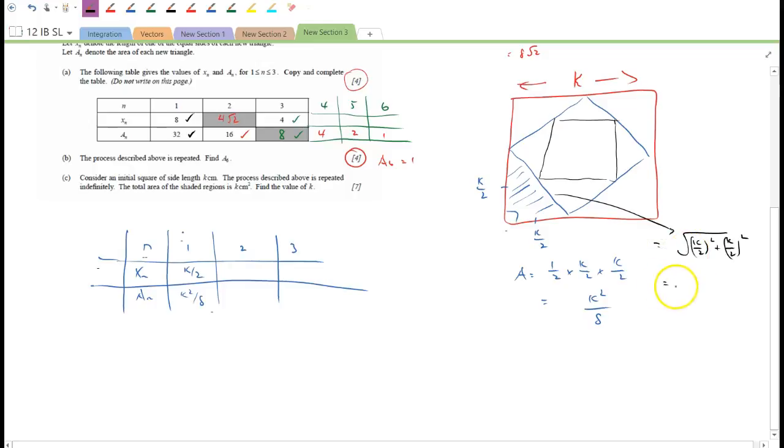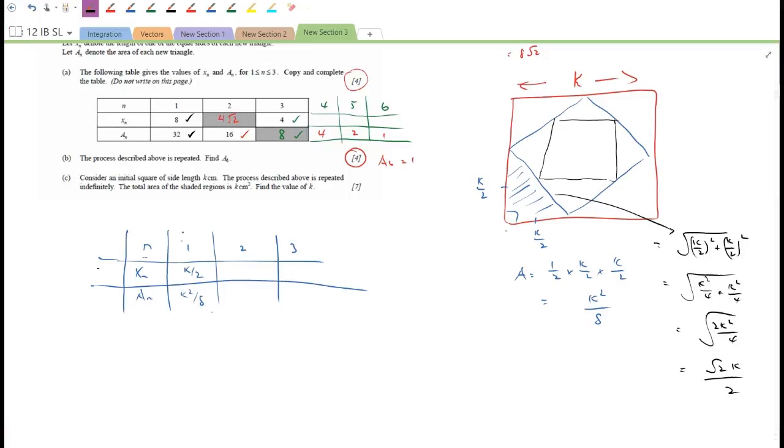So it's a square root of K squared over 4 plus K squared over 4, which is a square root of 2K squared over 4, which is the square root of 2 K over 2.